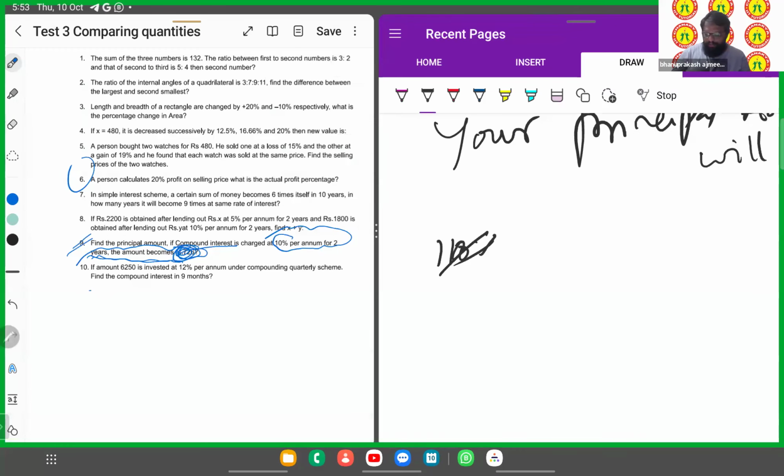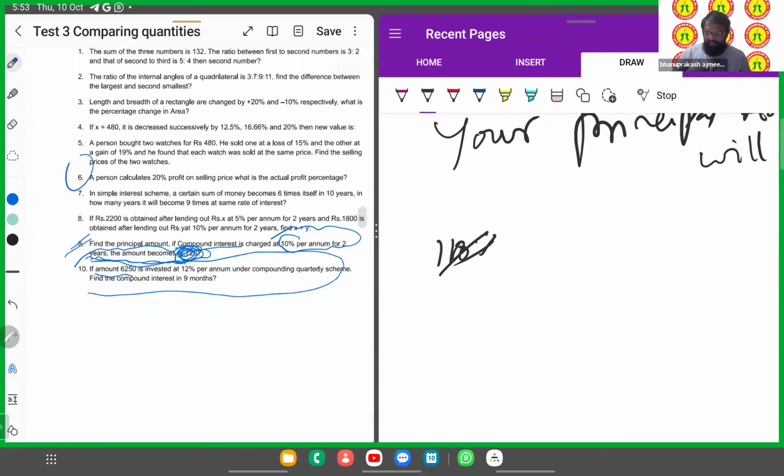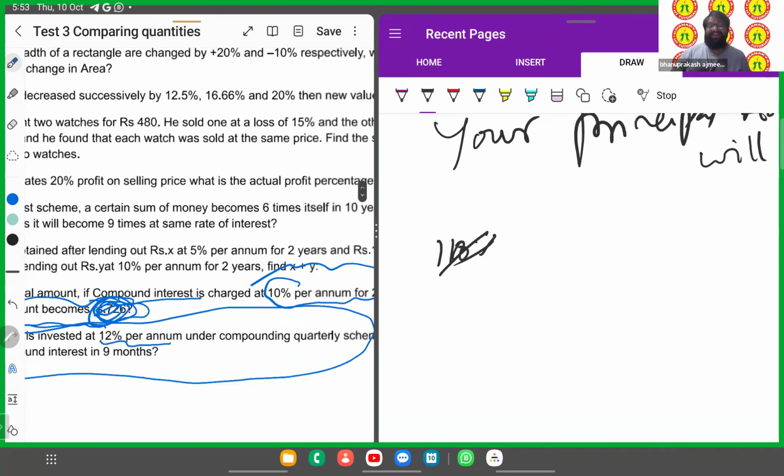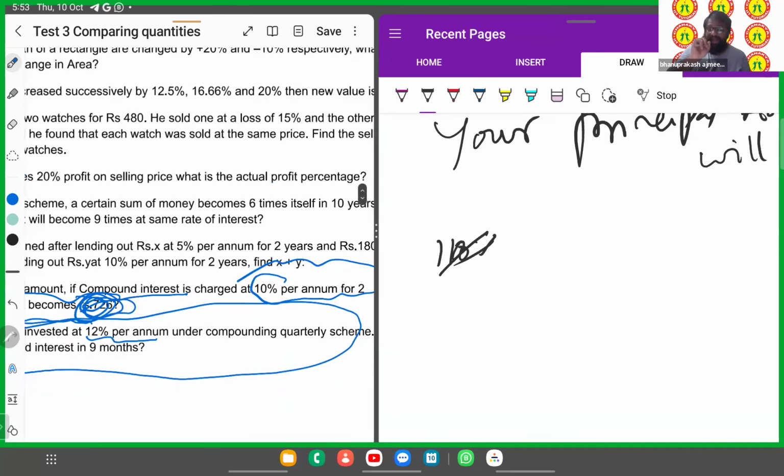So 10th question. Here, the amount is 6,250 rupees invested at 12% per annum under compounding quarterly. I gave you a formula for how to calculate an amount for half yearly and quarterly.